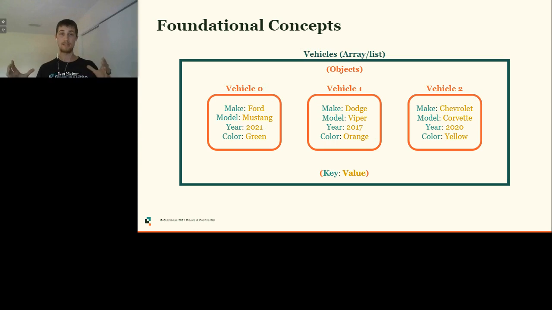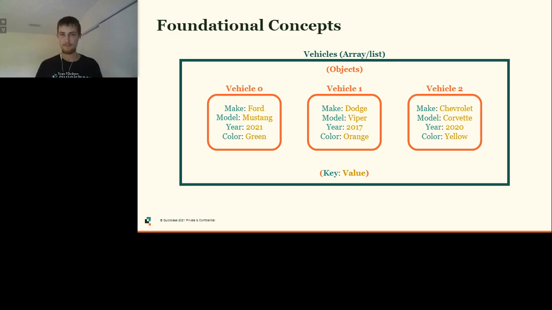So in this case, we've got the vehicles table, with 4 fields: make, model, year, and color. And then we've got 3 records: vehicle 0, vehicle 1, vehicle 2, Ford Mustang, Dodge Viper, and Corvette.